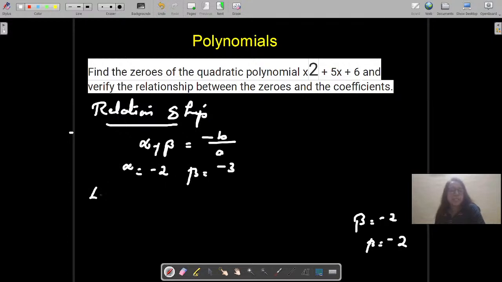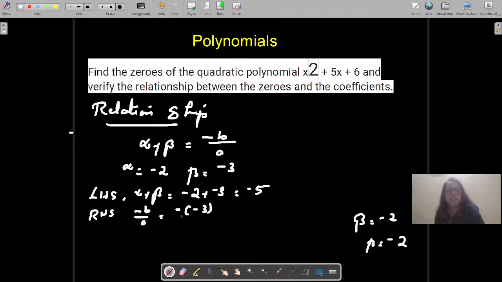So, LHS is equal to alpha plus beta, which is minus 2 plus minus 3, equal to minus 5. What is RHS? RHS is the right hand side, which is minus b by a.